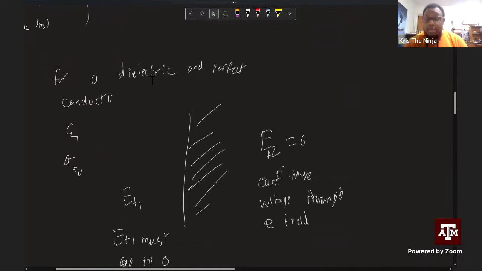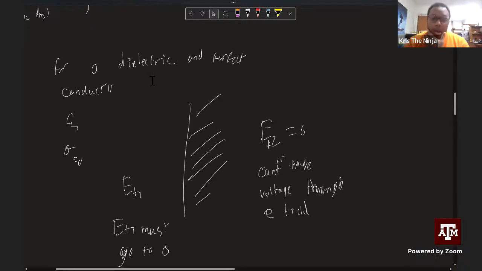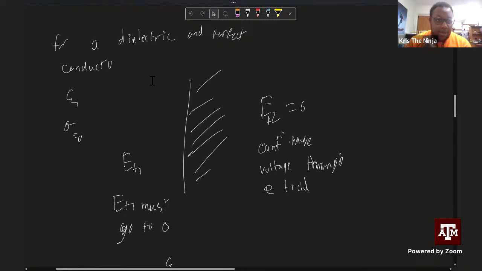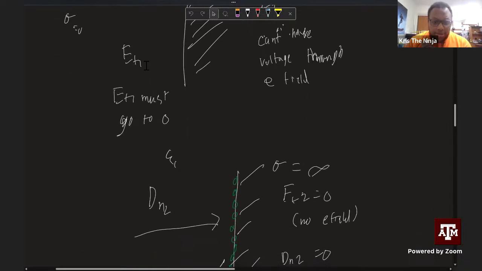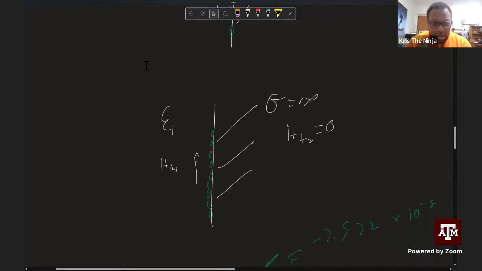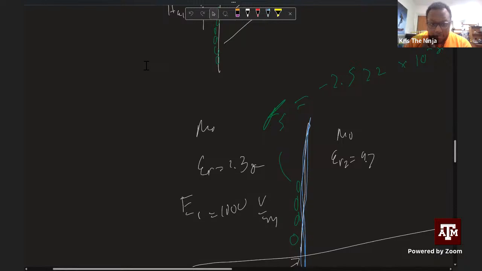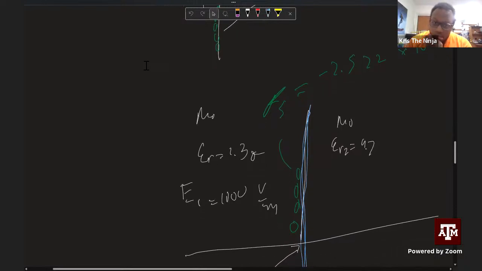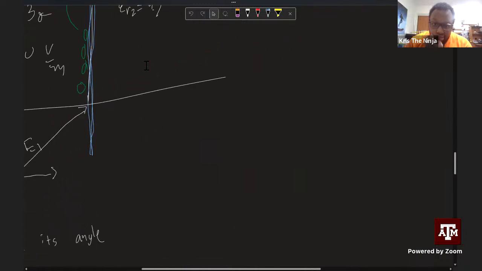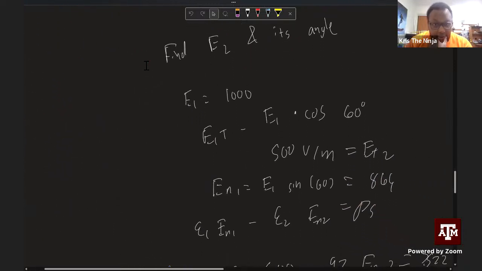An example of a perfect dielectric: if you were to get distilled water with nothing in it and then try to run a current through it, there would be no electric flow going through the water, because there's nothing to ionize. There's nothing to connect charge together with it. And that's essentially what this is saying. So this is a perfect dielectric. So you can see sigma is infinity, and you know, just how that kind of works.